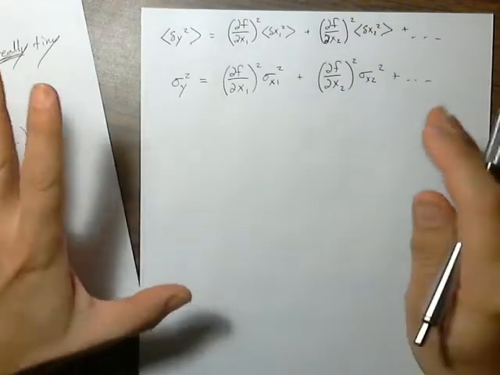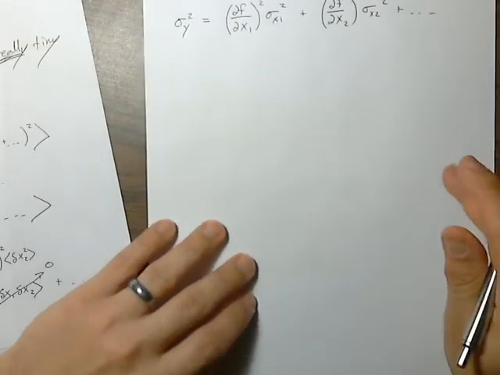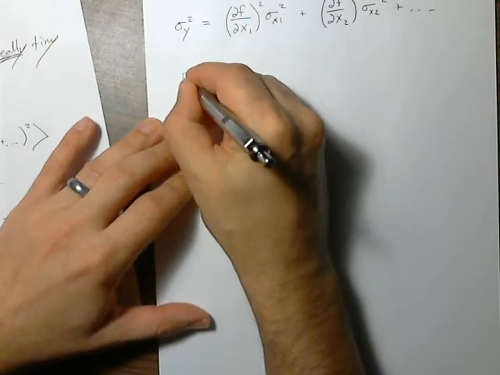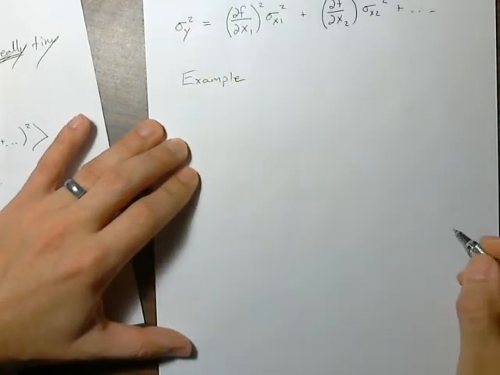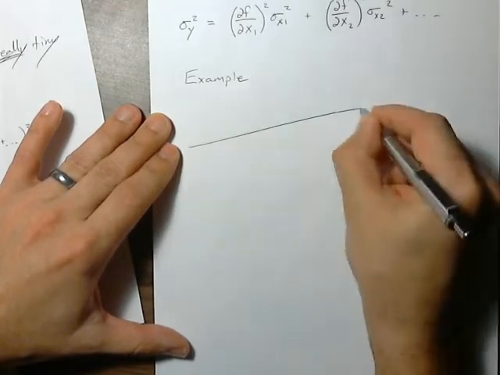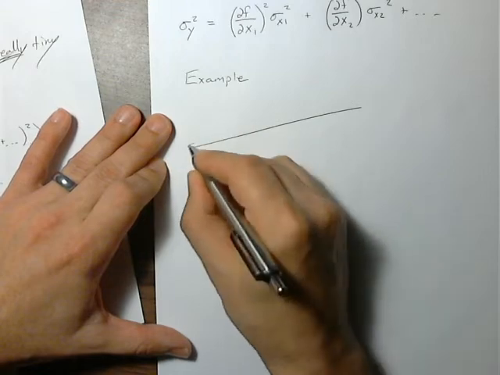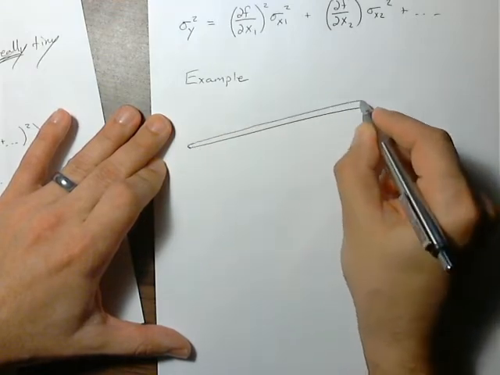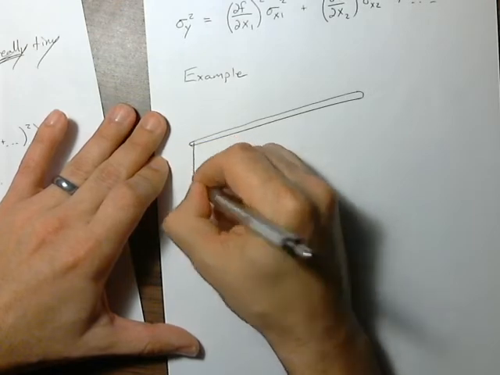All right, let me give you an example, right? So that's the big complicated derivation. So let's have a simple example. Imagine you've got a beam, and, well, let's give it some thickness. Why not? And imagine I have linear actuators somehow.